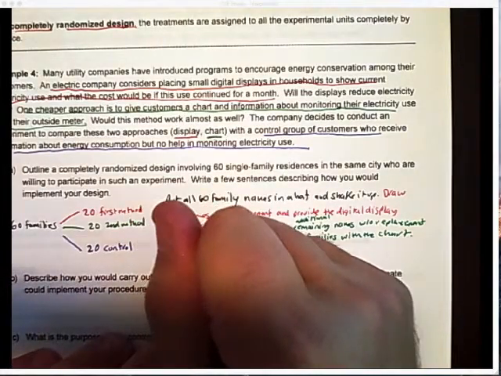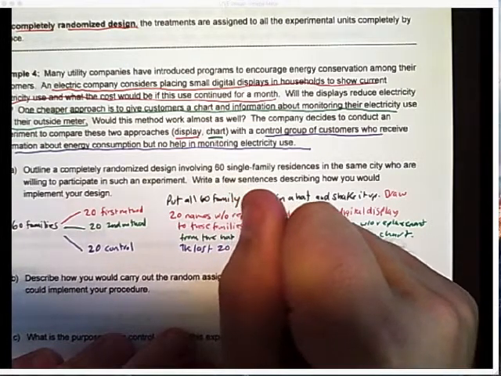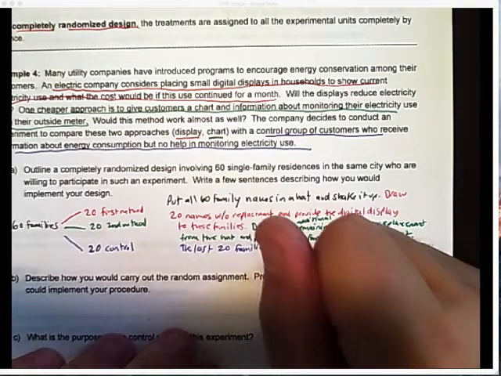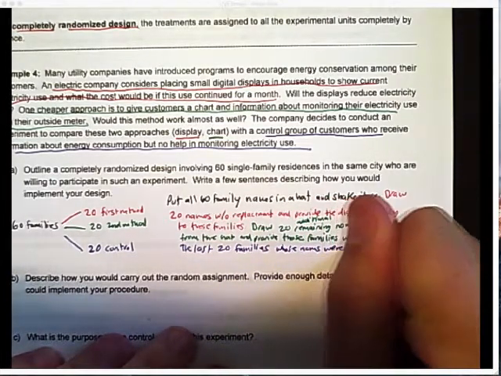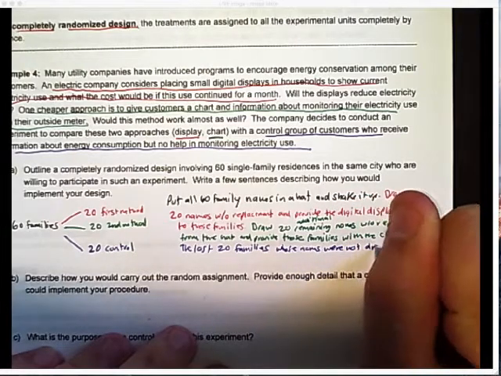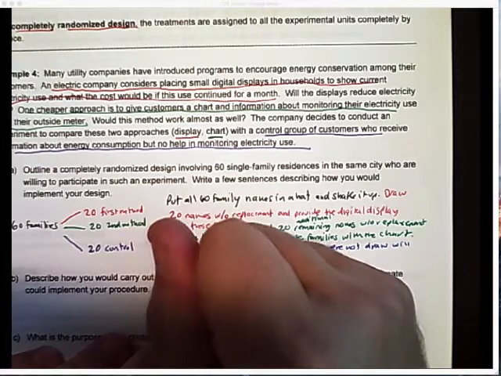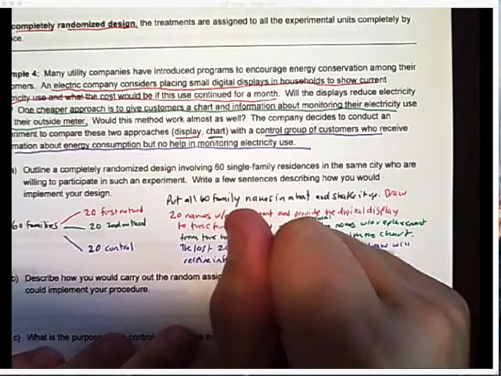The last 20 families whose names were not drawn will receive info but no help in monitoring.